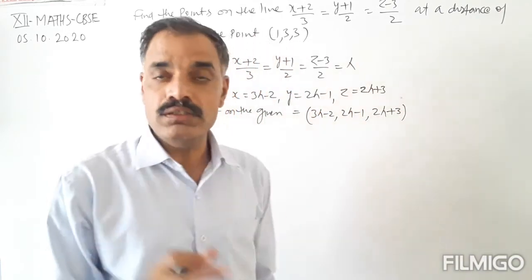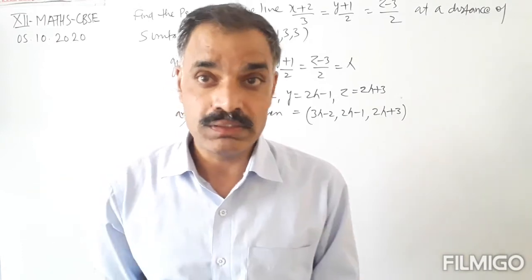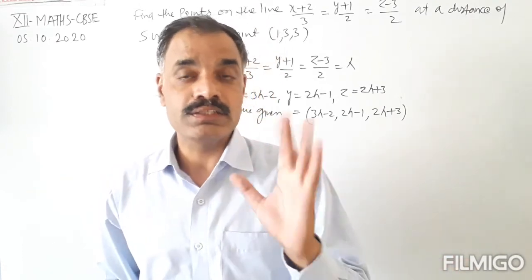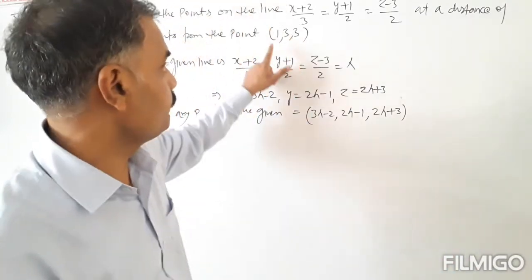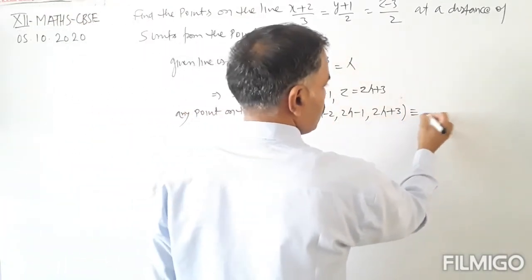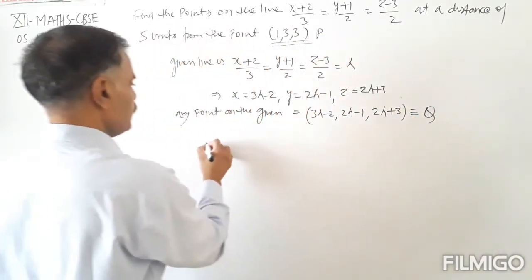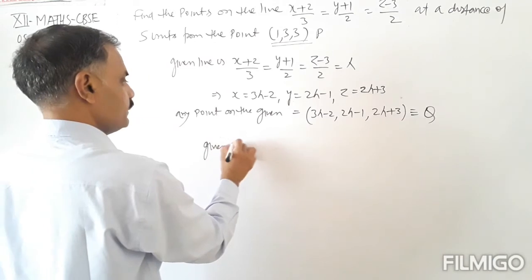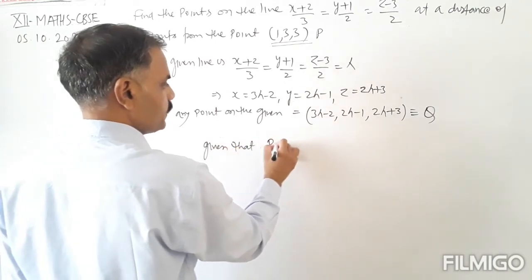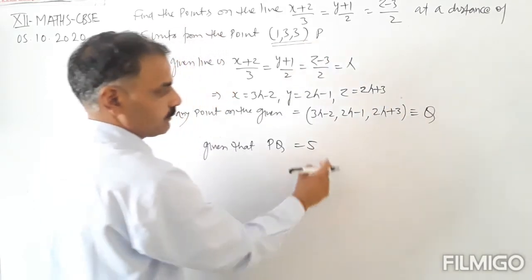Now it is given that this point is at a distance of 5 units from the given point. So this point is Q and the given point is P. Given that PQ is equal to 5, the distance between this point and this point is 5.